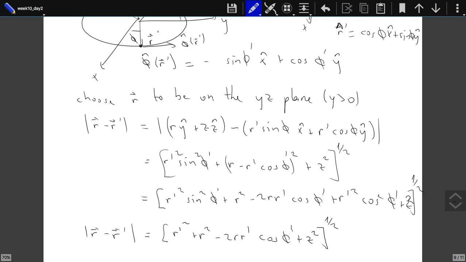Now r minus r prime. R is on the yz plane, so the components of r are r in the y hat direction plus z in the z hat direction. X is equal to 0. R prime is r prime cosine phi over here, and sine phi over here.